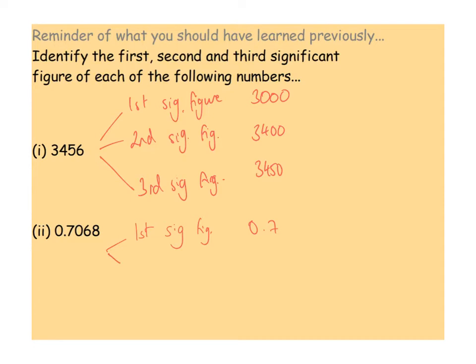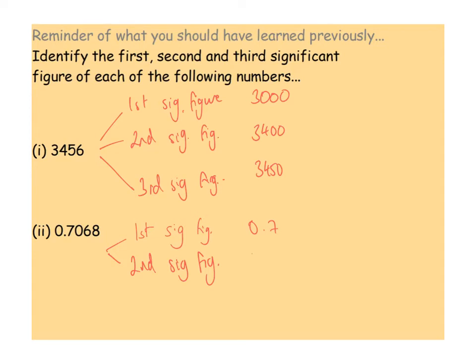The second significant figure is the second 0, because once you've got to a number that's significant, everything after that is significant. Once you know that this 7 is significant in the 10th column, knowing that there are 0 100ths is actually very important information and does tell you something. The zeros at the start, as many zeros as you want at the start, don't tell you very much, but this 0 now does tell us stuff.